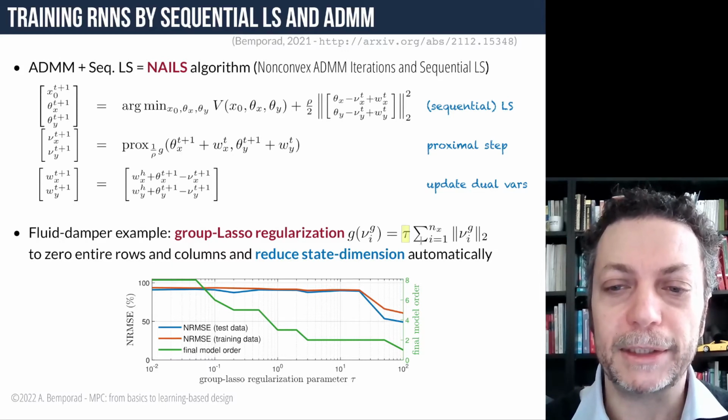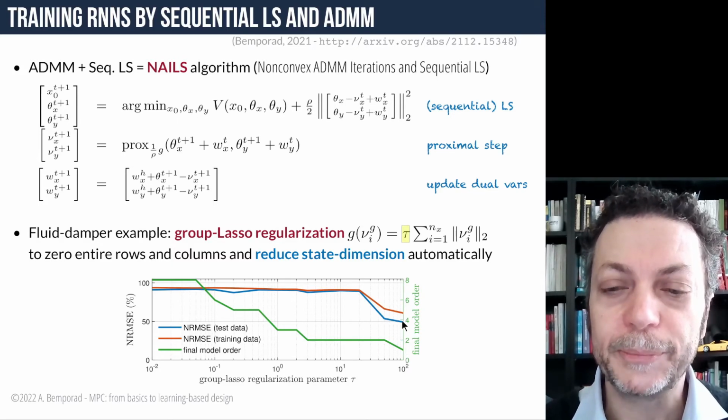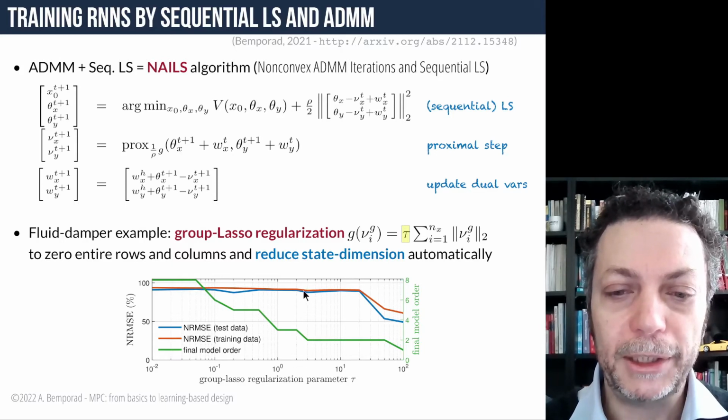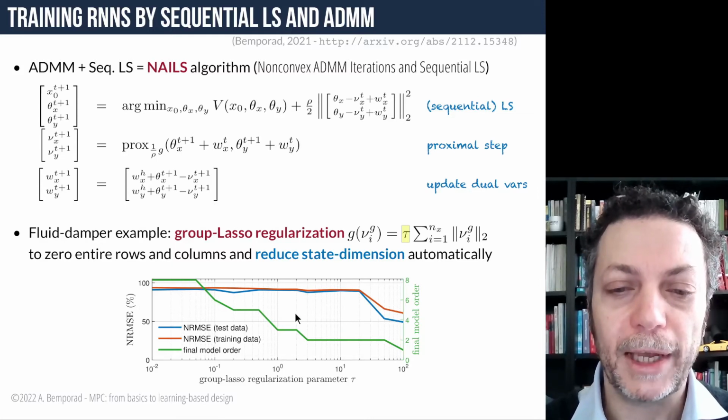By penalizing these groups, as a function of the regularization parameter, you will get models that have a decreasing order. If it is very large, you will get order 0, so basically a fit with the constant. For intermediate values, for example tau about 2, 3, you get a model which has still pretty good normalized root mean square error and a lower order, for example 2 or 3.